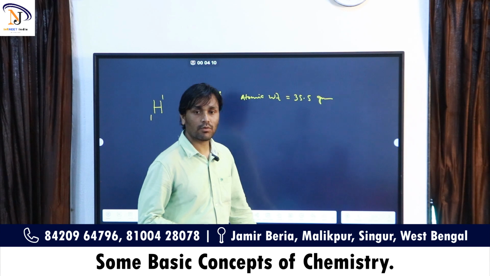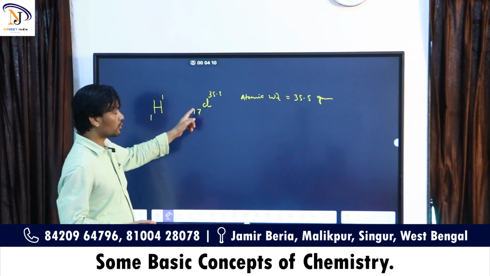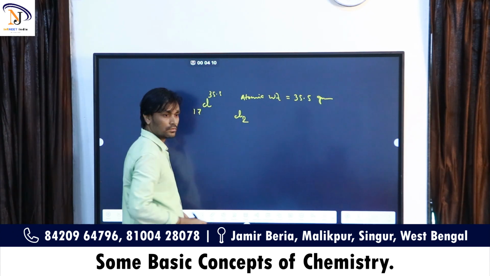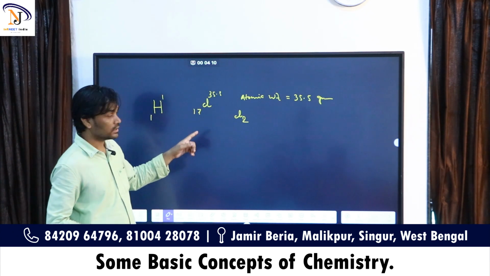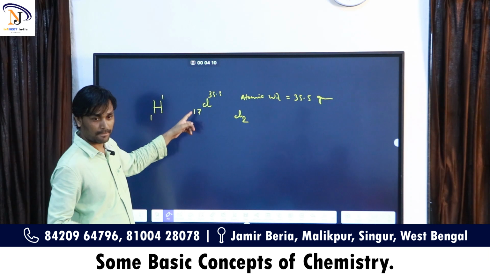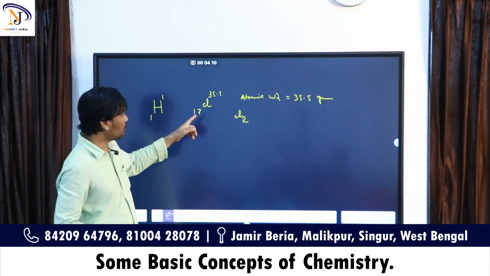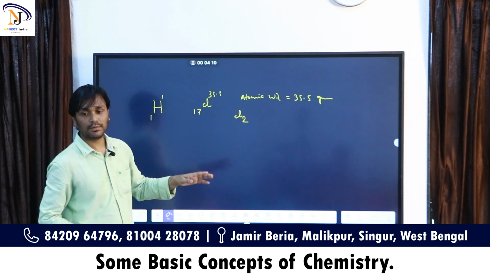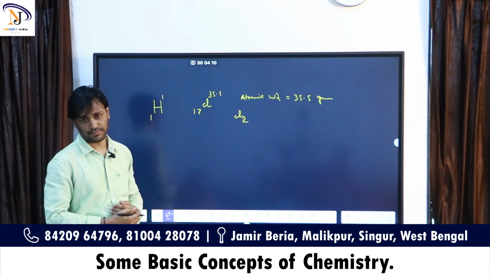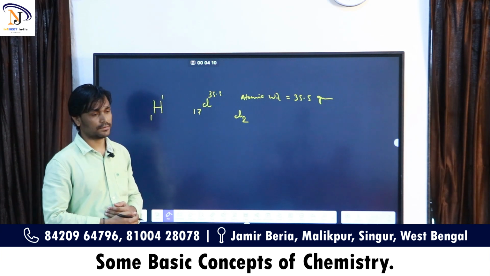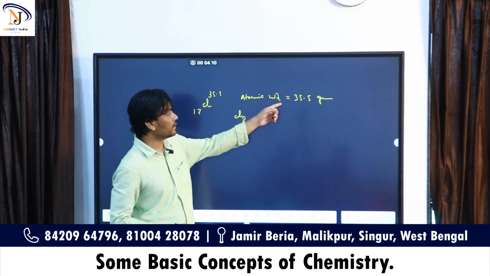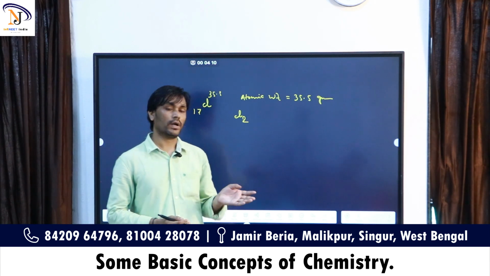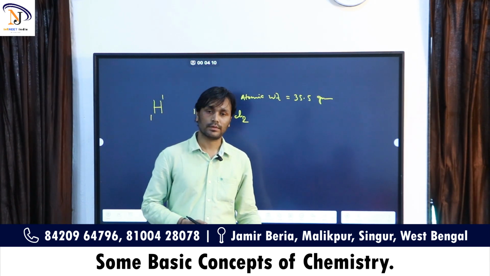When it comes to the molecular weight of chlorine, the chlorine structure will be Cl2, because this is a molecule and this is an atom. So the molecular weight of chlorine will be 35.5 into 2. This is the molecular weight, and this is the atomic weight. One refers to an atom, another refers to a molecule.